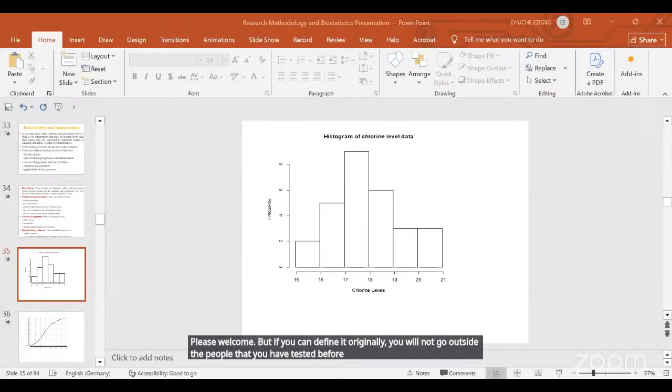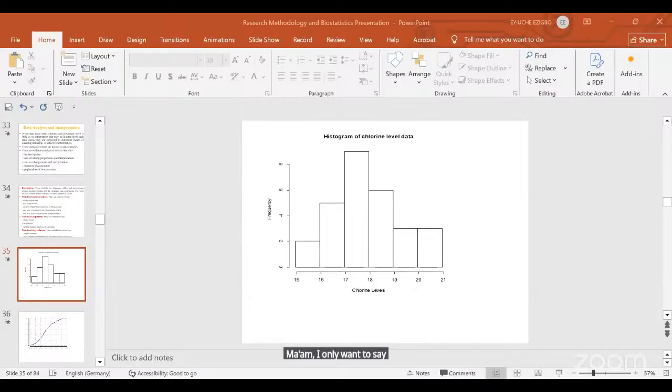Now, I only want to say at this point, there is something that is possible that may happen. Maybe you have tested 350 at the very beginning. That is your sample with pre-test. By the time you complete the intervention, maybe you have now completed the intervention with 300 people.